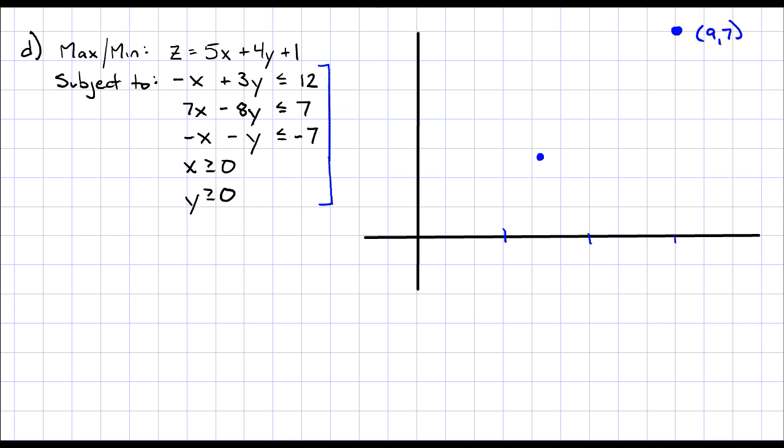Another vertex here at 4.2, 2.8, and then another one at 2 1/4, 4.75. So that's 2.25, comma, 4.75.